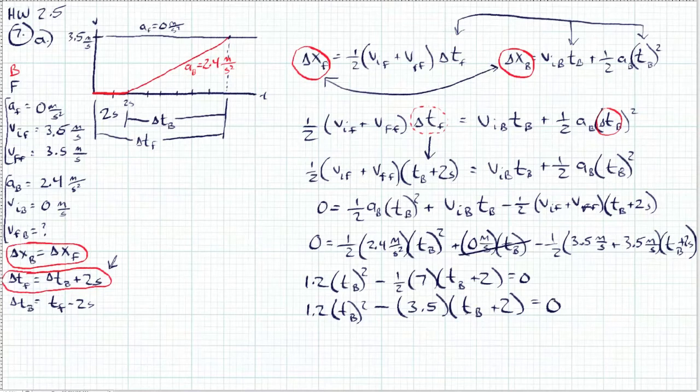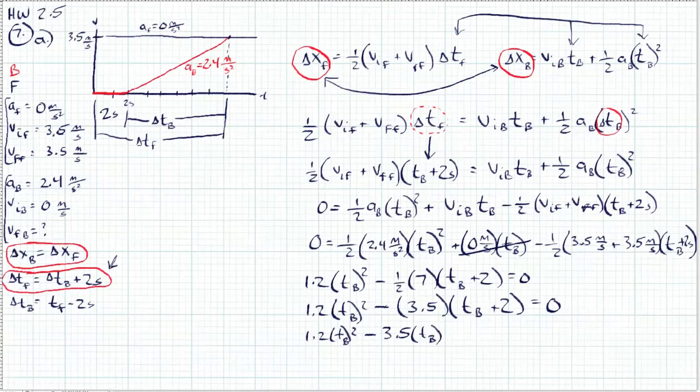What we can do now is distribute this 3.5 to the TB, to the time of the biker, and to the 2. So it will be 1.2 times the time of the biker squared minus 3.5 times the time of the biker.